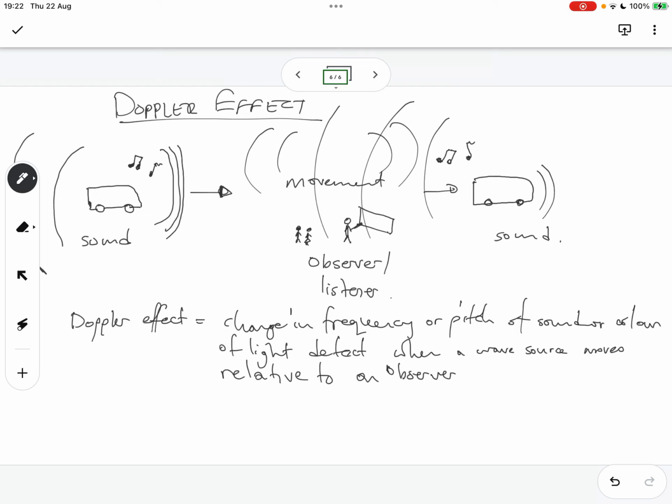So we would have short wavelengths here, high frequencies. And this side we would have long wavelengths, low frequencies.